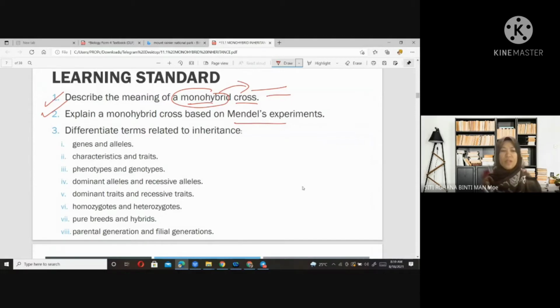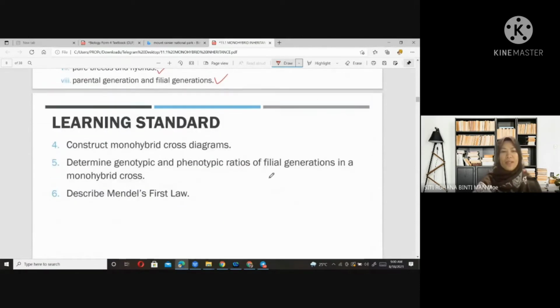Next, differentiate terms related to inheritance. Nampak ni, banyak sangat terms, terminology in genetic. Genes and alleles, characteristics and traits, phenotypes and genotypes, dominant alleles and recessive alleles, dominant traits and recessive traits, homozygotes, heterozygotes, purebreds and hybrids, parental generation and filial generation.